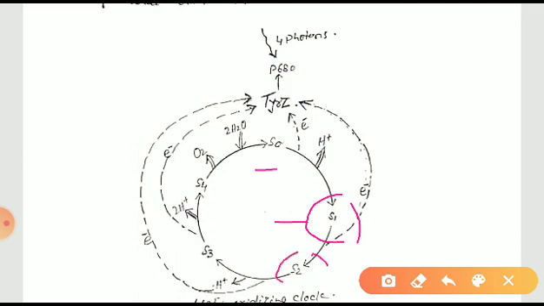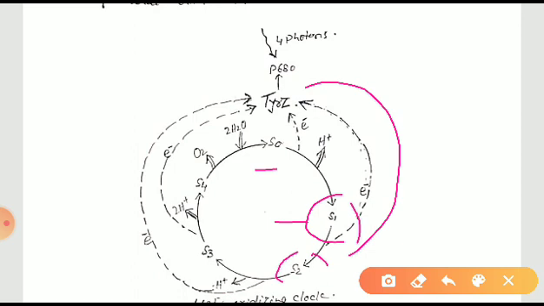The electron released during the conversion of the state fills the electron hole in P680. Yes, we can see it here through tyrosine Z. Then a second flash creates another P680 plus and boosts the conversion of S2 to S3.